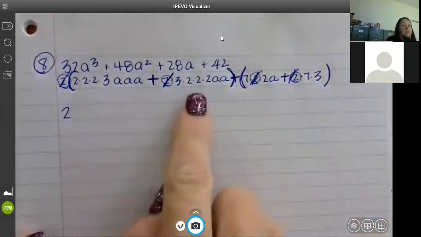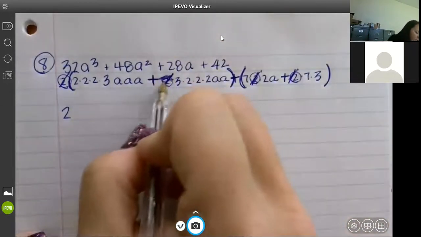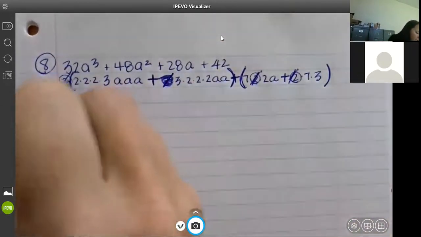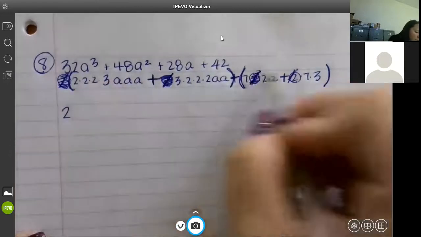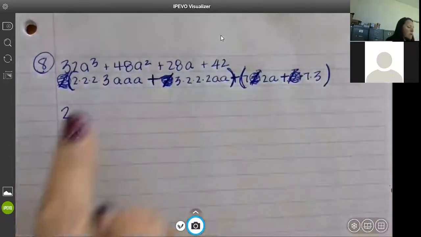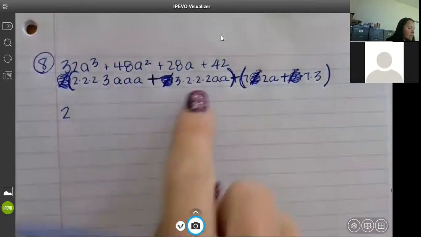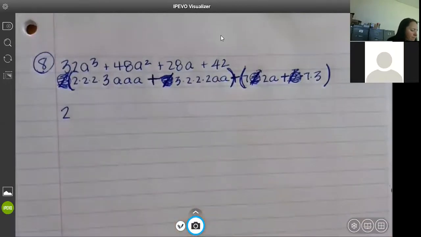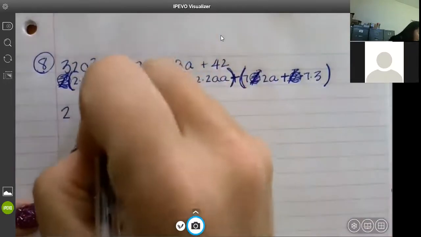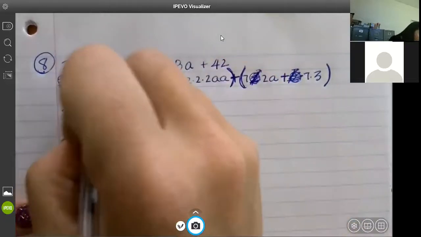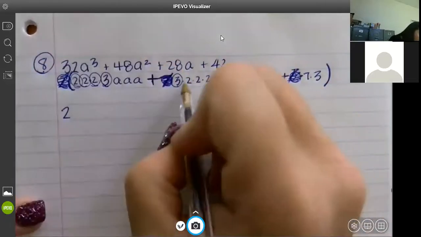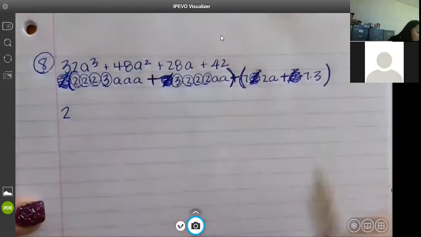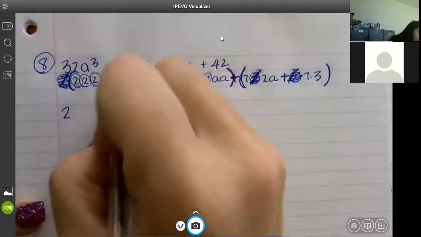So look at these two that we left out. So don't look at this one, don't look at this one, don't look at this one, and don't look at that one. Between these two, what do we have in common? A 3 and 3 2s. Anything else? 2 a's.